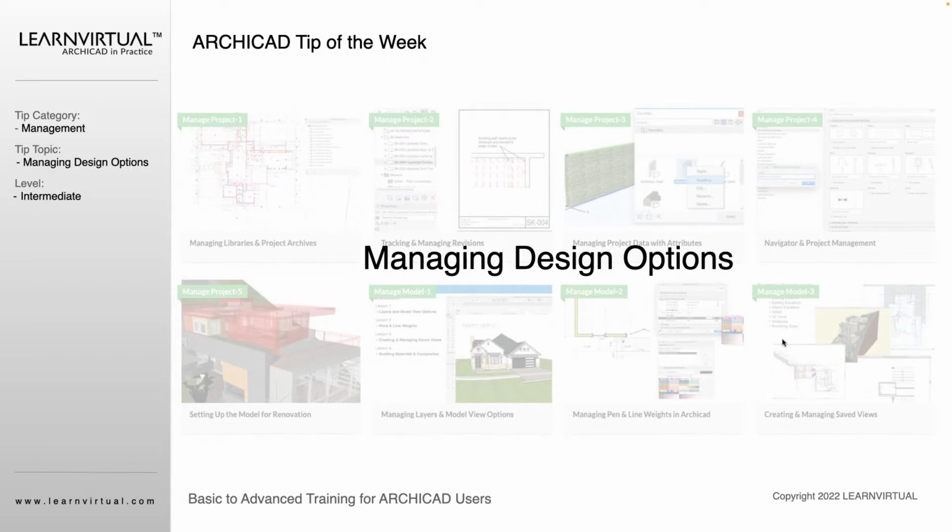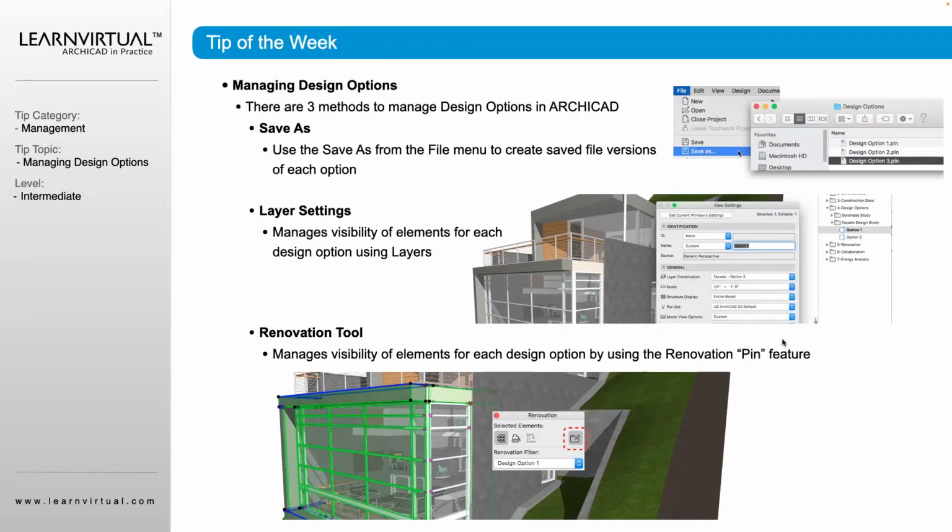I've seen them drag and copy their floor plans, their building, in different spots within the same PLN file and then just save views for that. Or the way that I always suggest to do it is with managing our design options.